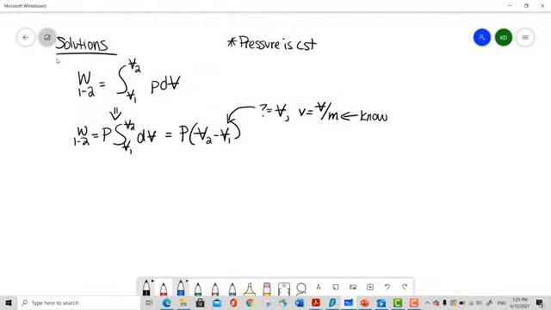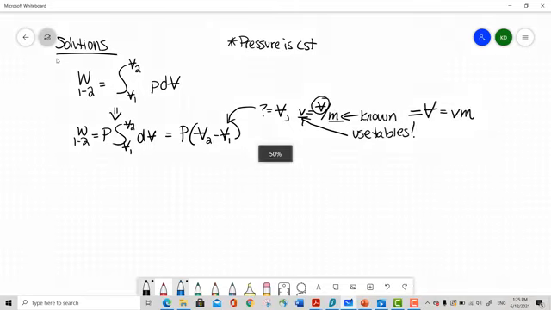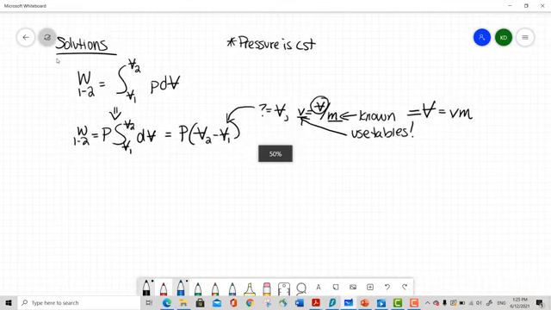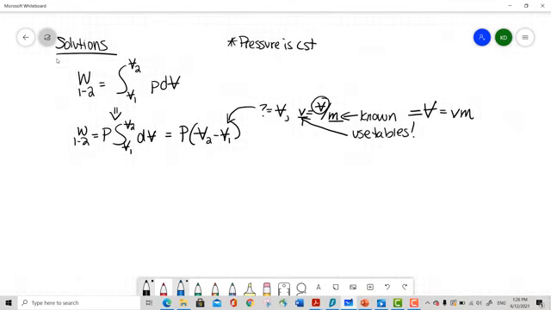Perfect. Okay, and then we know that we can use the tables to find this. So we would just end up rewriting this because we know this and we know this, so therefore we can get this, right? So then we would just end up with that. Let's just drop this down here.